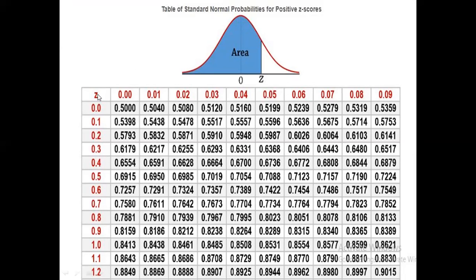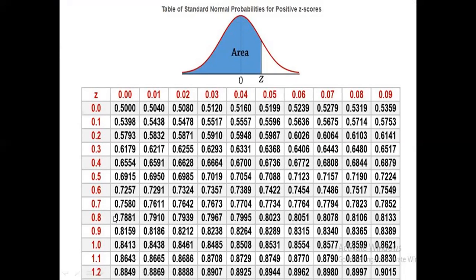Now Z equal to 0.8. These values are additive. For example, to find the 0.8 value, 0.00 plus 0.8 is 0.80. So the corresponding value for 0.8 is 0.7881. You have to pick this value.